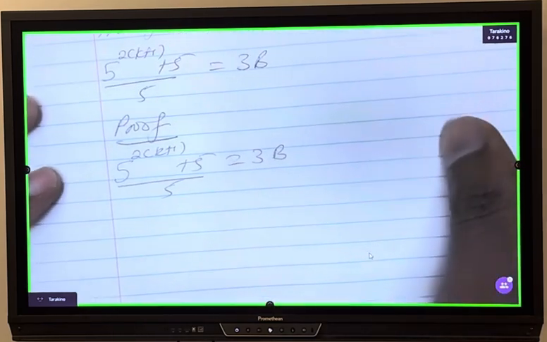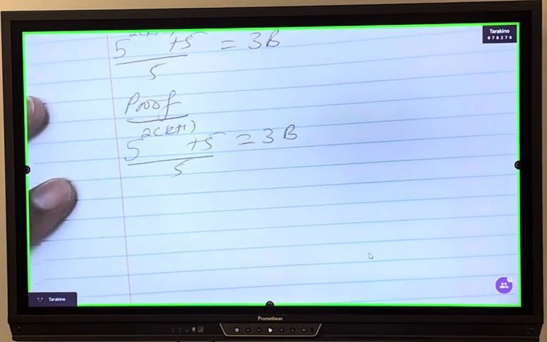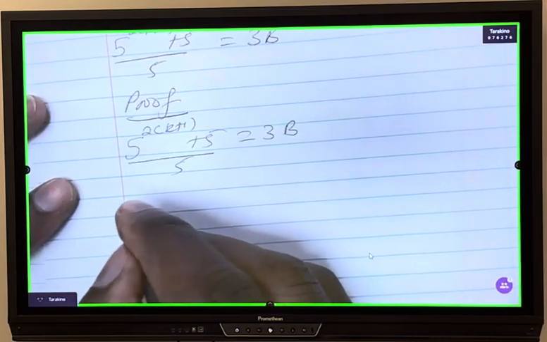Right. So in this case, what we need to do is to play around with the left-hand side.